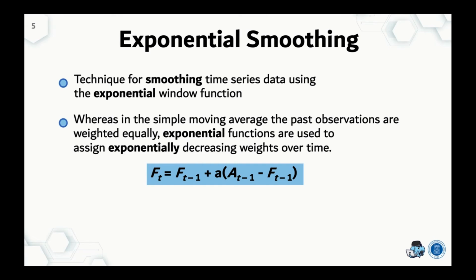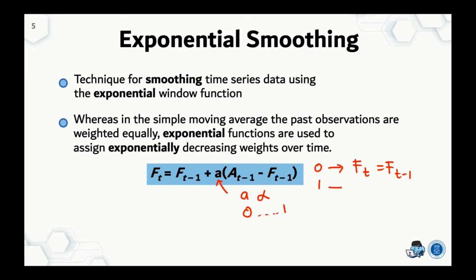This is the formula of exponential smoothing, where this is the constant. We can simply represent it as A, or as alpha. This constant ranges between 0 and 1. If the constant A is 0, it means that the forecast for the next period is equal to the forecast of the previous period.